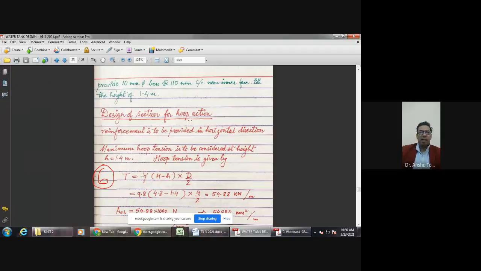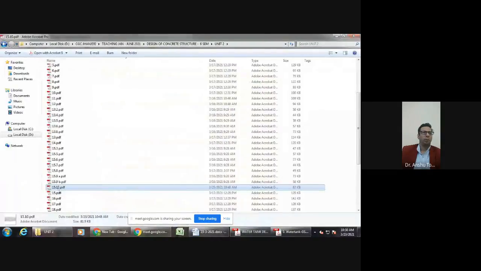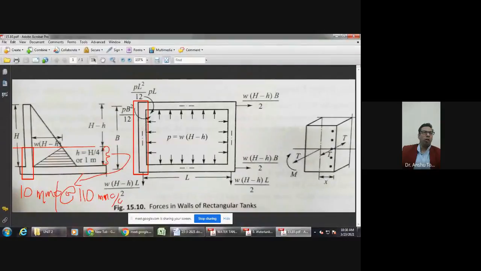So in the wall, the main vertical reinforcement will run vertically from bottom to top. For the thickness we designed by the effective depth, so that depth was the effective thickness of the wall. Let me get back to the figure if it is possible. This is the depth of the wall. This was found by us, and for this depth we have found out the reinforcement along the per meter run.